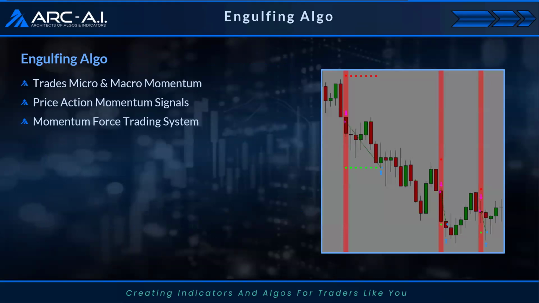Let's look at the pattern first, and we'll go to the next slide and look at it, but let me get a draw tool ready here. The engulfing algo is going to trade with momentum. In order for the market to engulf the previous bar, there has to be momentum behind that bar.